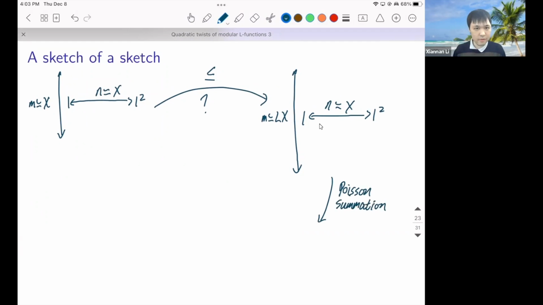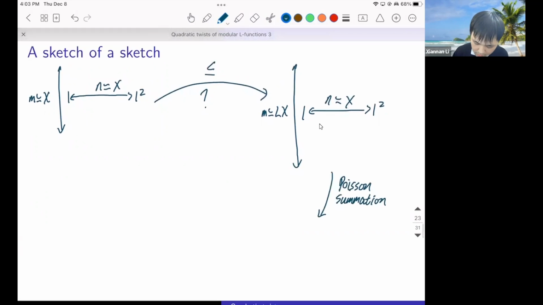You can either know what Poisson summation does, but if you're willing to just believe me, that's also fine. So Poisson summation takes my sum over m, and it makes it shorter. Originally it was x. If we somehow make it into L times x, Poisson will change it to x over L. And then the sum over n remains the same.